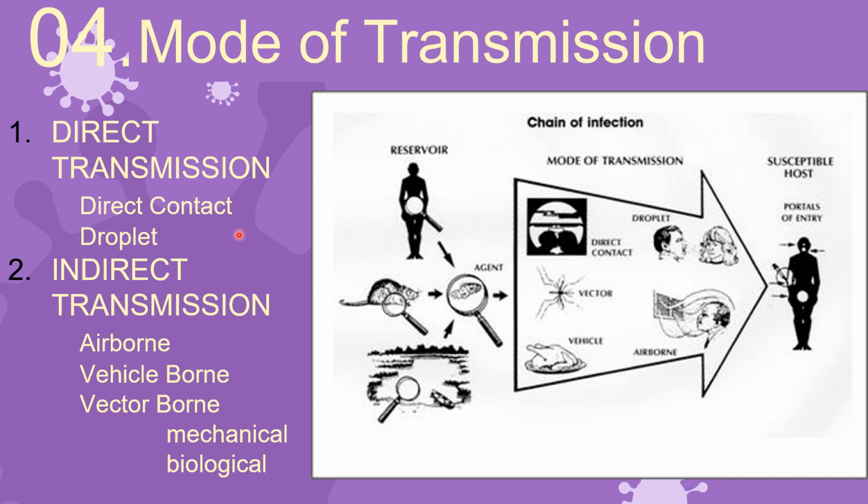For the droplet spread, it refers to the spray of relatively large, short-range aerosol produced by either sneezing, coughing, or just talking. So the droplet spread is classified also as direct, because transmission is by direct spray over a few feet before the droplet falls to the ground.